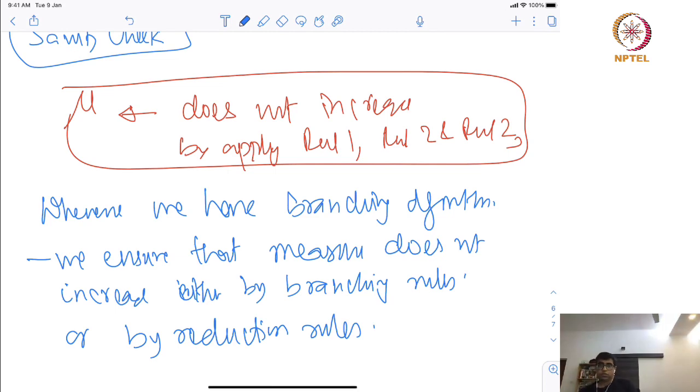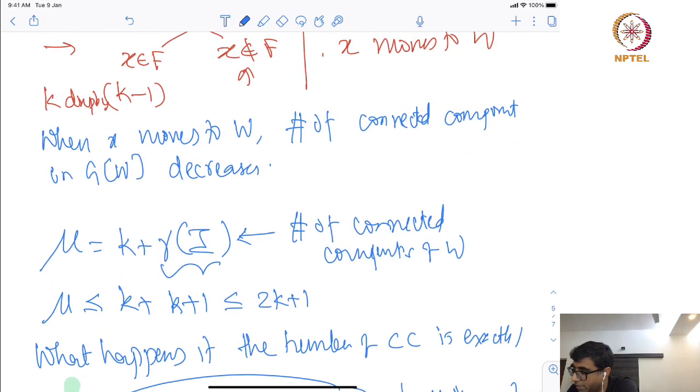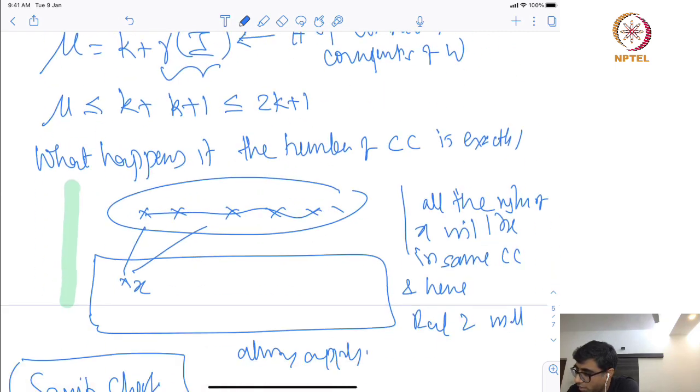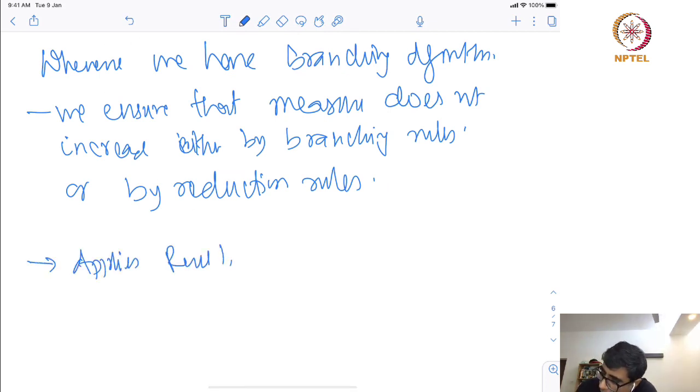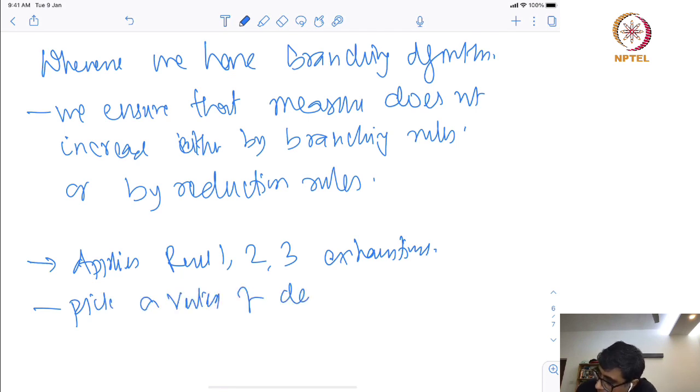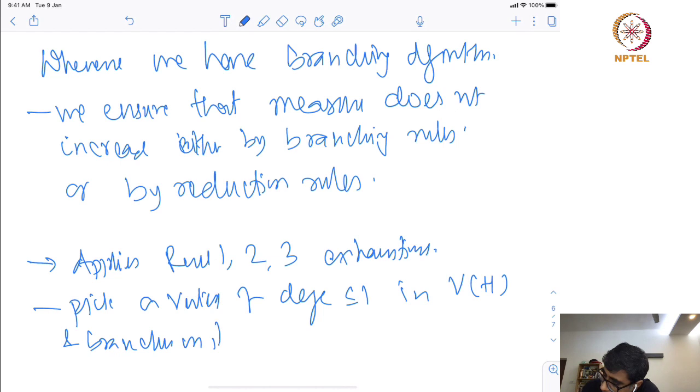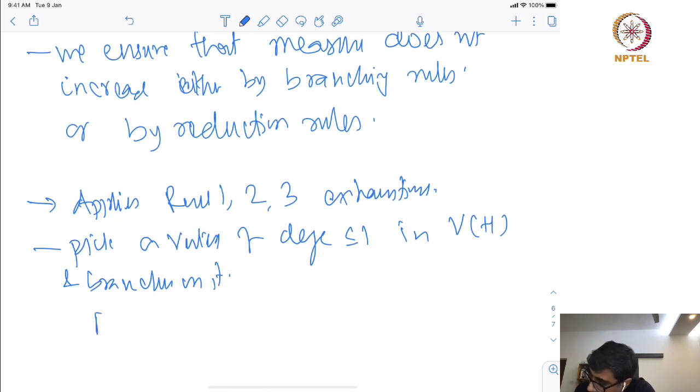So now the algorithm is very simple. It applies rules 1, 2, 3 exhaustively, picks a vertex of degree at most 1 in the vertex set of H and branches on it. How? What are the branches?